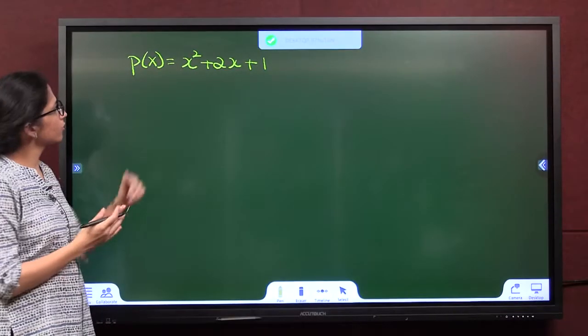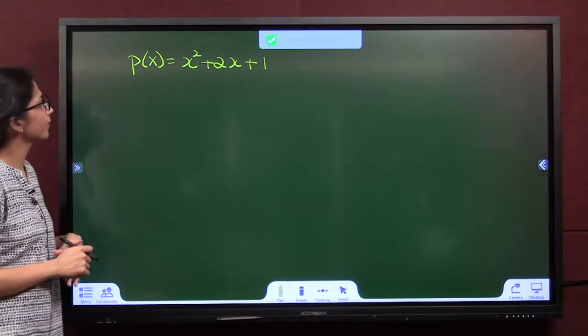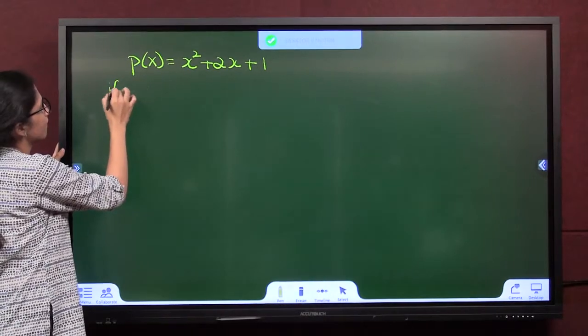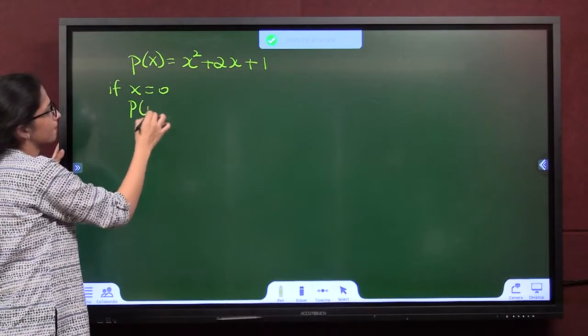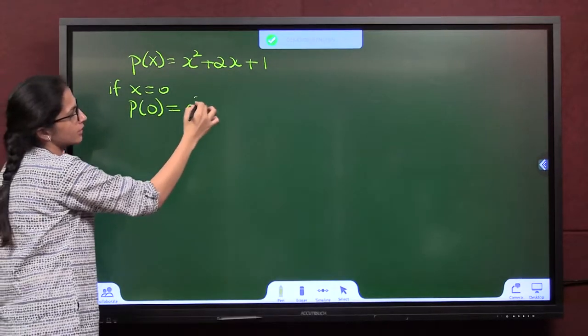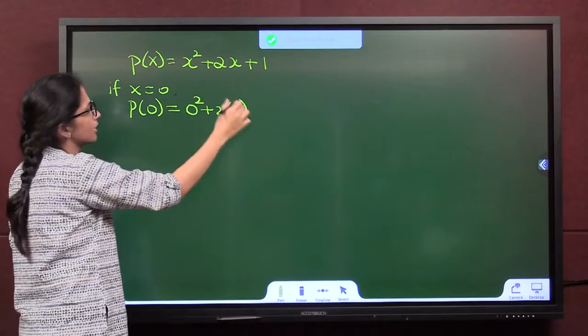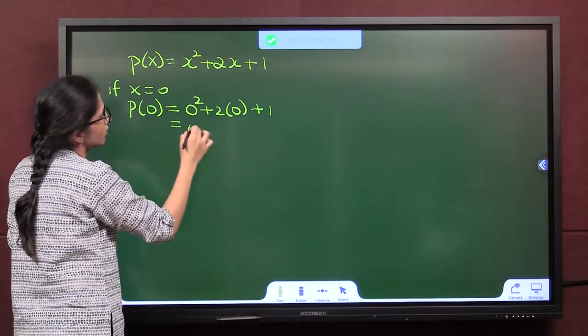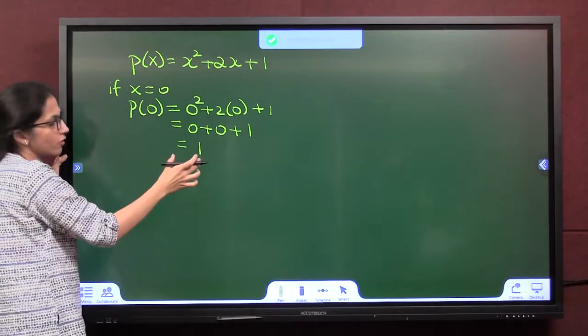So now let's assume we have a polynomial expression given here, x square plus 2x plus 1. What happens if I put x equals 0? If I put x equals 0, then p of 0 is 0 square plus 2 into 0. Wherever there is x, put 0, plus 1. 0 plus 0 plus 1, 1. That means the value of p of 0 is 1.